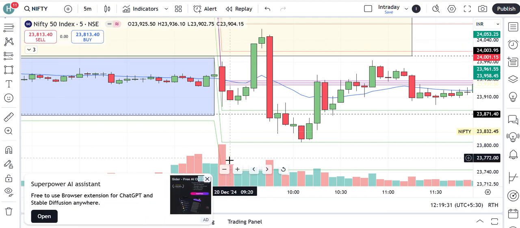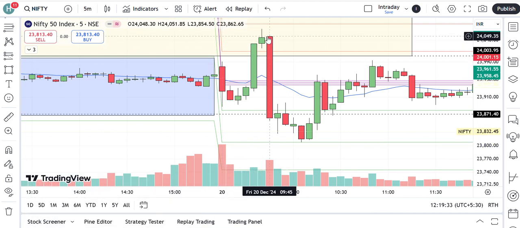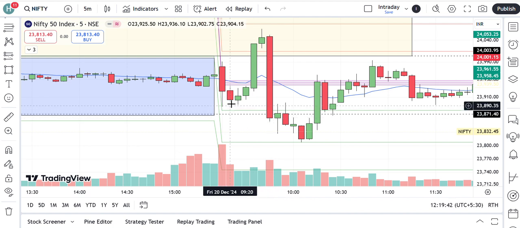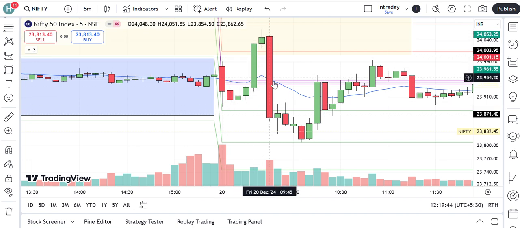Then it has reversed. Look how huge this has reversed. So there is no trade on this candle also because this is a very big candle. Where will you keep your stop loss? It has even reversed from here, and there is no confirmation. People will ask how we know that from here it is going to reverse.